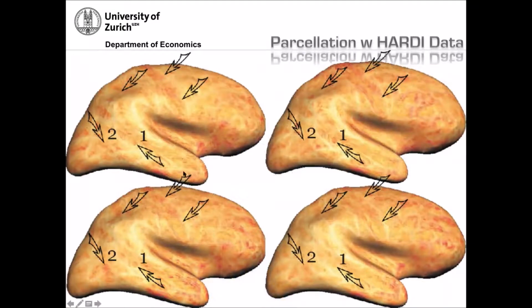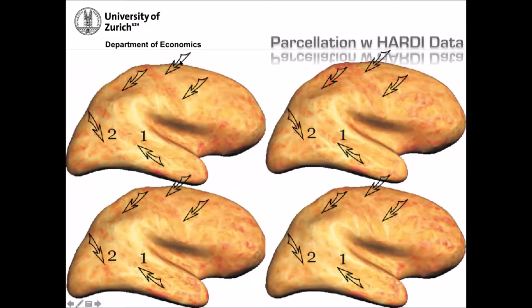If we just look at these 4 images, these are the diffusion signal extracted from the cortical gray matter and displayed on the gray-white matter boundary surface. And the four images that you see, 4 subplots that you see here, are 4 different diffusion directions.